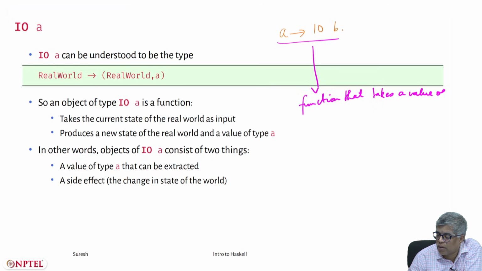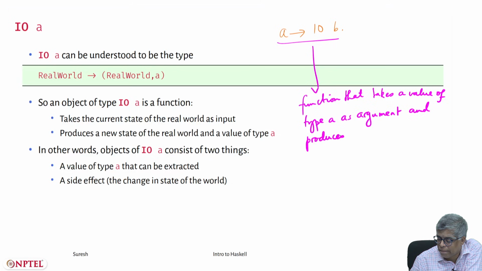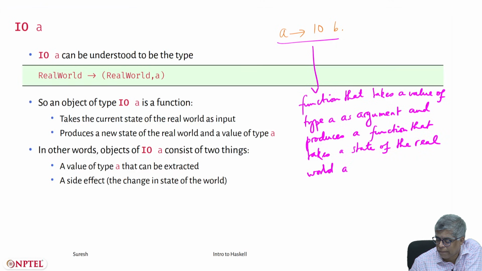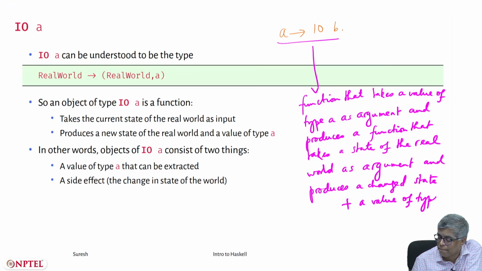Takes a value of type A and produces a function, really, right, that takes a state of the real world as argument and produces a changed state plus a value of type B. Okay. So you can think of A arrow IO B as this.